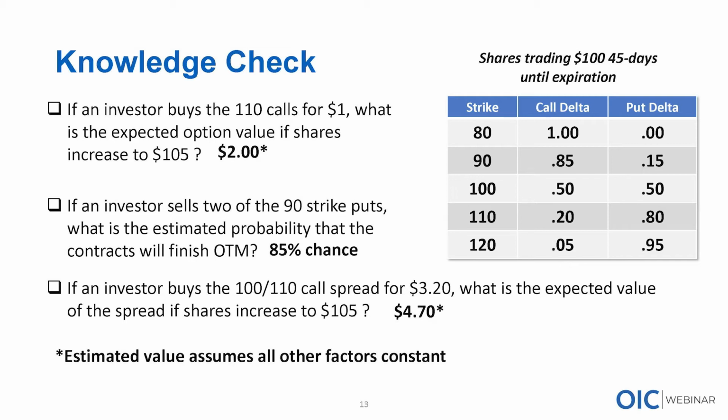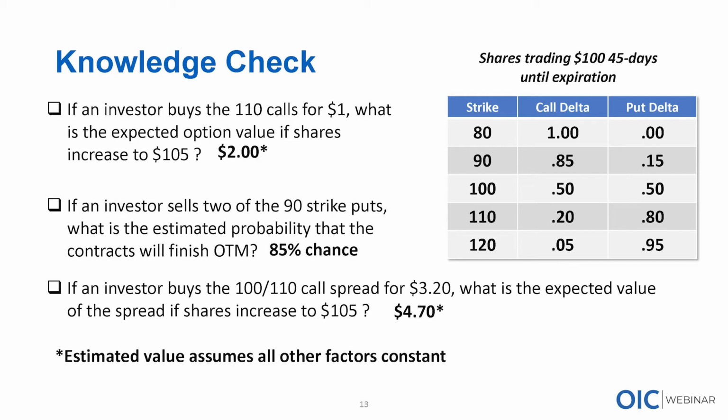So if you know the delta of, say, a call, let's say you're looking at a call and it's got a 65 delta, you can infer that the 65 put in the same month has a 35 delta. Or let's just say you're looking at a 20 level put, it's got a 10 delta. You can infer that the corresponding call has a 90 delta. So that gives you an idea of estimating deltas. If you know one of the options, call or put, you can infer the other's delta as well.